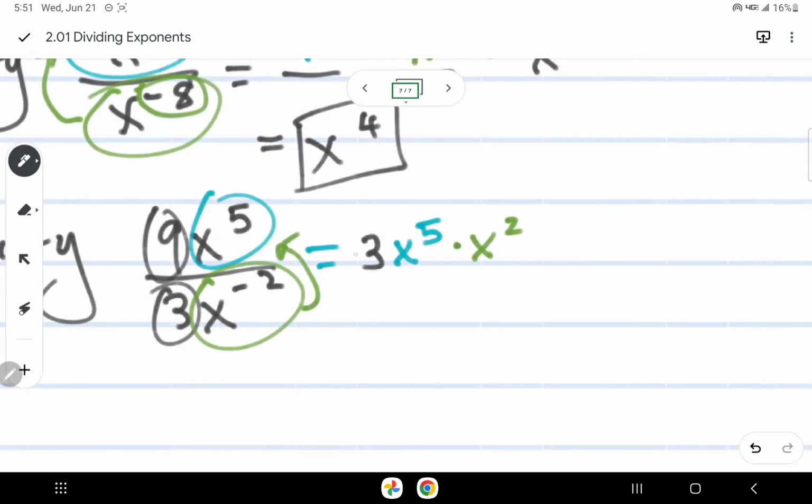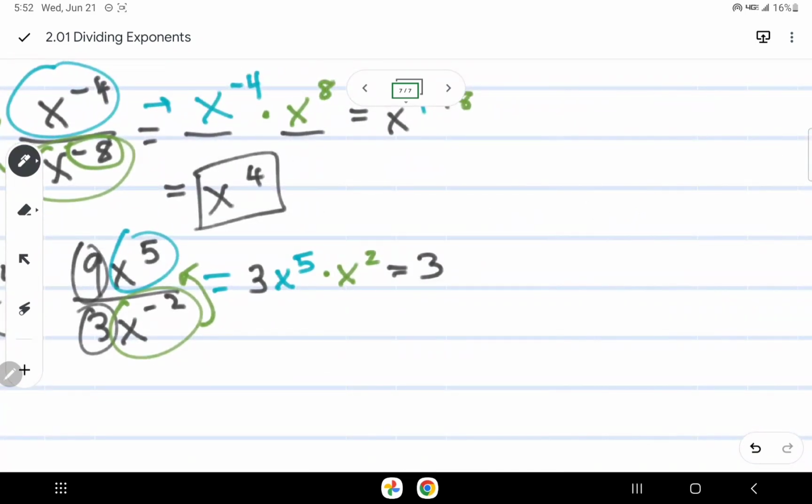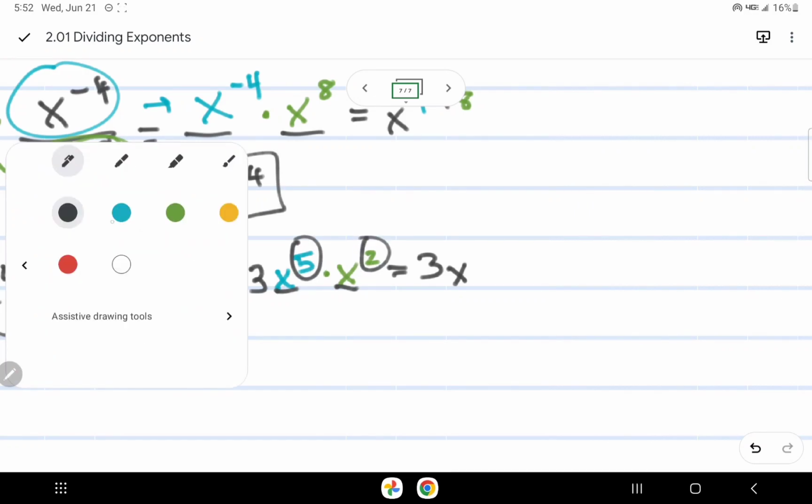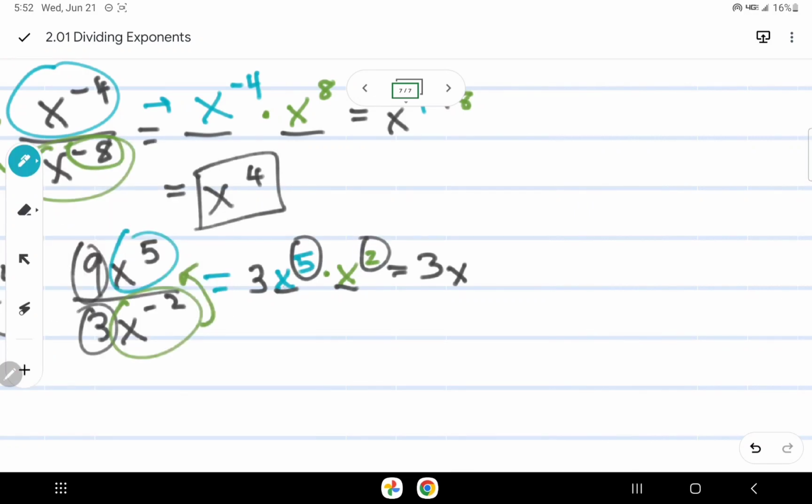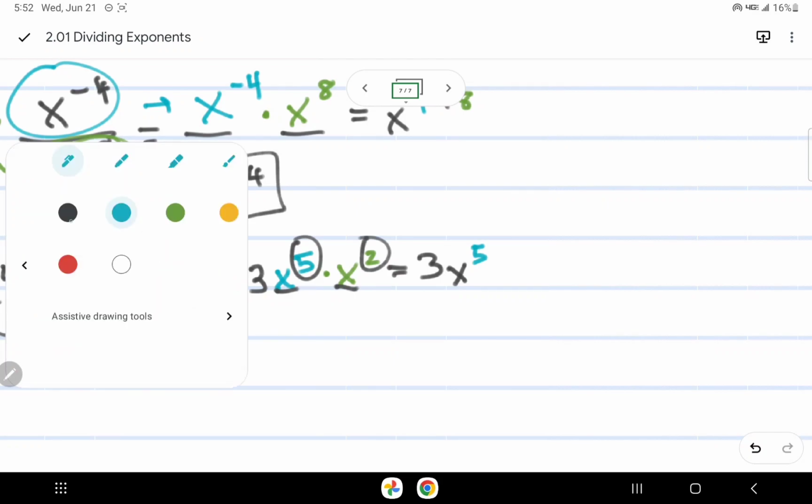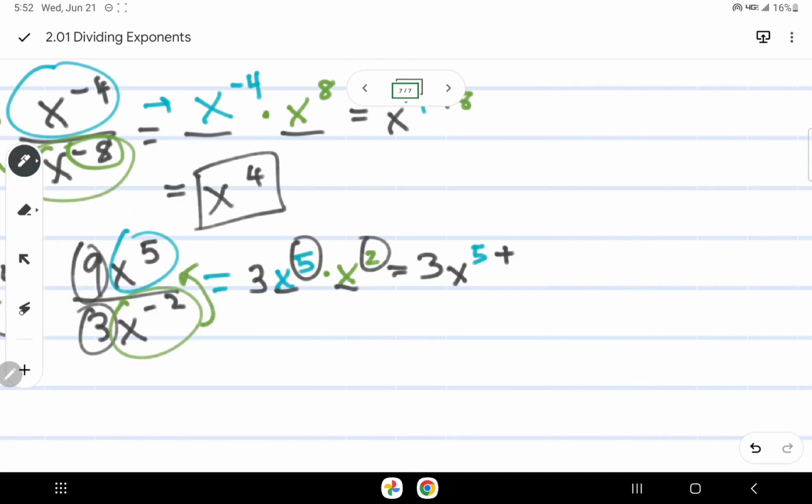Now, there are no more numbers here, so we will just write 3. And is there another base with x? Yes, right here. So we will just write that base once, and we will combine their exponents. So the first x has the exponent of 5. Remember, when you're multiplying those variables, their exponents just add. 5 plus the exponent of the second x, which is 2.